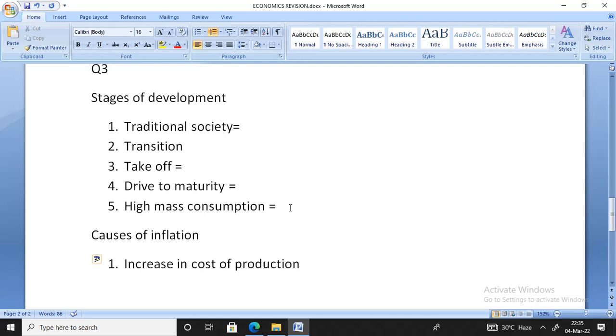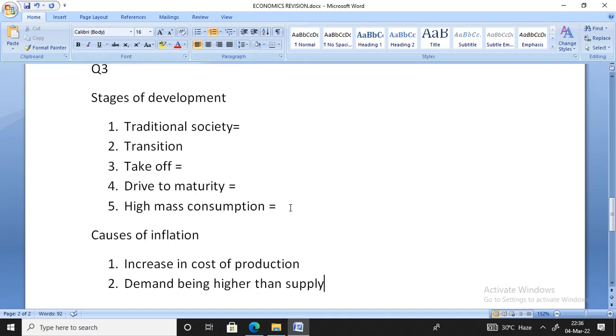Cost push inflation. Number 2 cause of inflation is demand. Increase in demand, or demand being higher than supply. When demand is higher than supply, you have prices of goods and services going up. And this is called demand pull inflation.